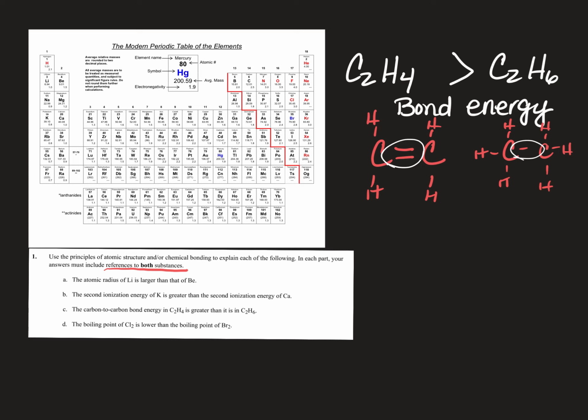So as far as the key goes, it says 1 point is earned for indicating that C2H4 has a double bond and C2H6 has a single bond. 1 point is earned for indicating that the carbon-carbon double bond requires more energy to break it, is stronger than the carbon-carbon bond in C2H6. So as long as you said each of those, that would be worth 2 points in this explanation.